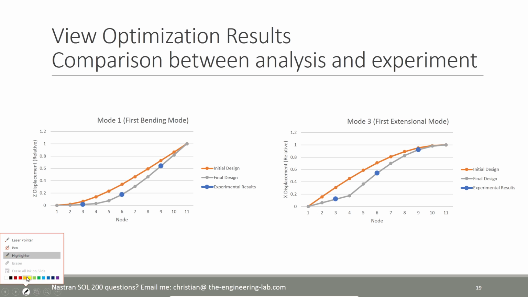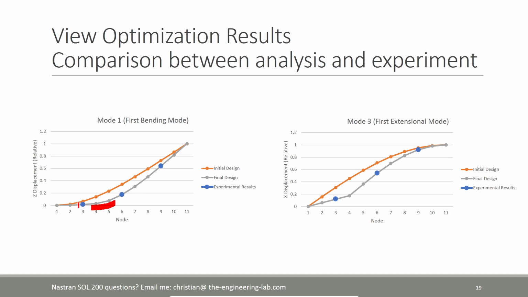Here in red, remember the orange line is the original mode shape. Here in gray, so that'll be this gray plot, this is the new mode shape of this new optimized design. And you can see that the gray finite element mode shape is in line with the blue experimental points.